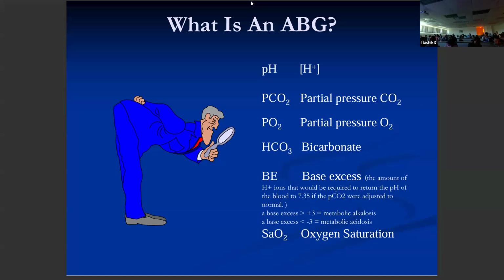The only reason I keep saying DKA is because people know it and they're very, very acidotic, like they'll die. It's an emergency. So they may have a base excess of -15. You have to take away 15 hydrogen ions to get that patient back to 7.35. Does that make sense? That's a metabolic problem. It's not a respiratory problem.